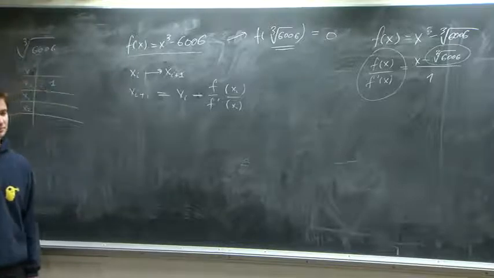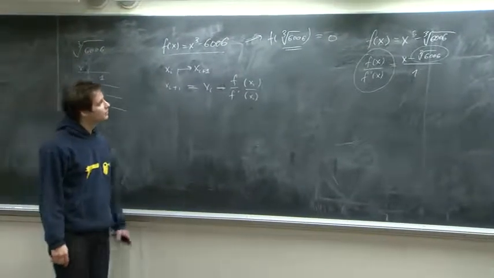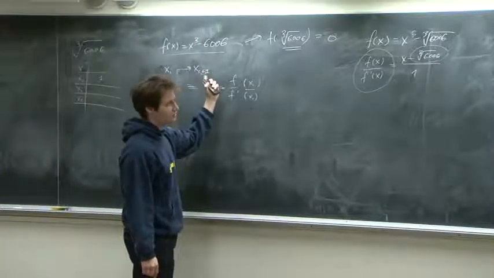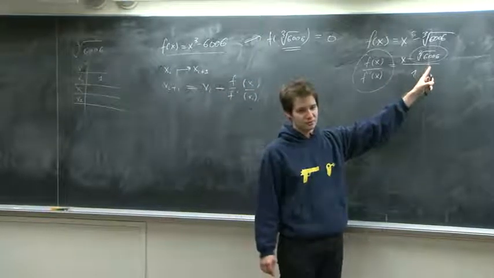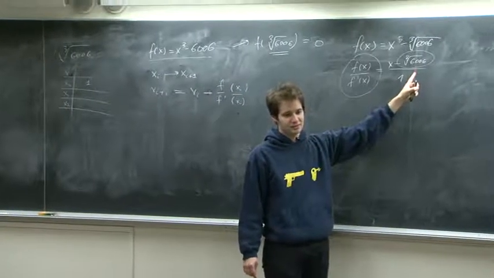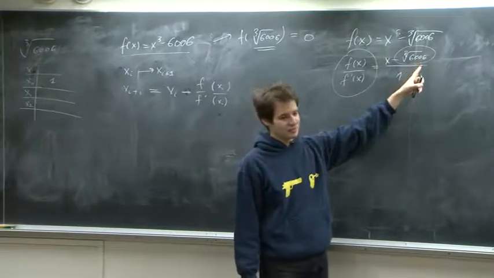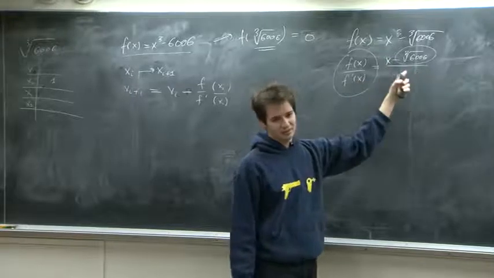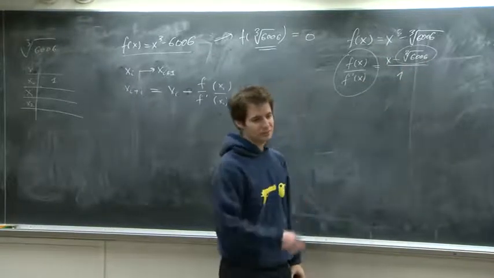Computing the other one requires that you know the answer to your original problem, which is not cool. You're trying to compute this number, but Newton's approximation requires that you compute it, which is what you're trying to do in the first place.